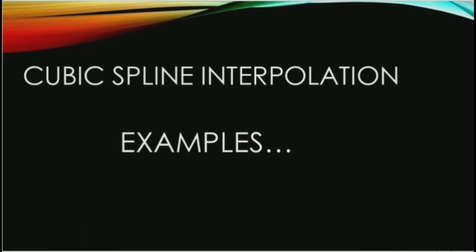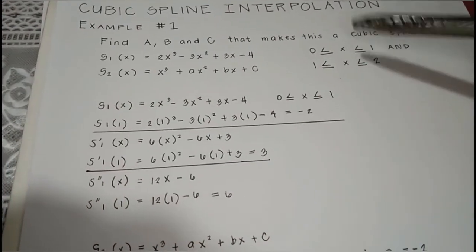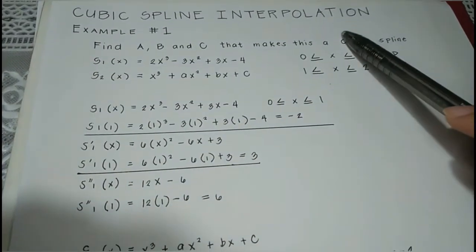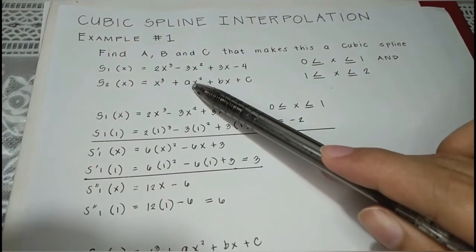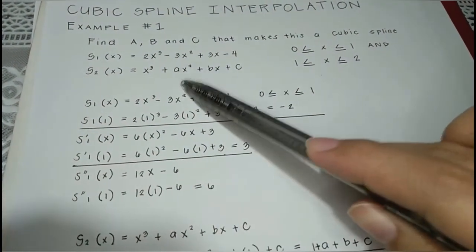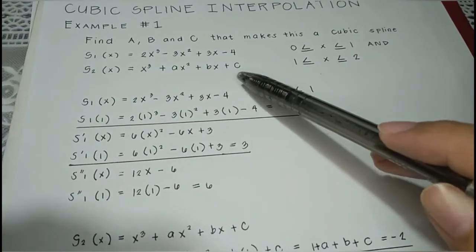For us to understand what cubic spline interpolation is, here are some examples. Here is the first example. Example number 1: find a, b, and c that makes this a cubic spline.